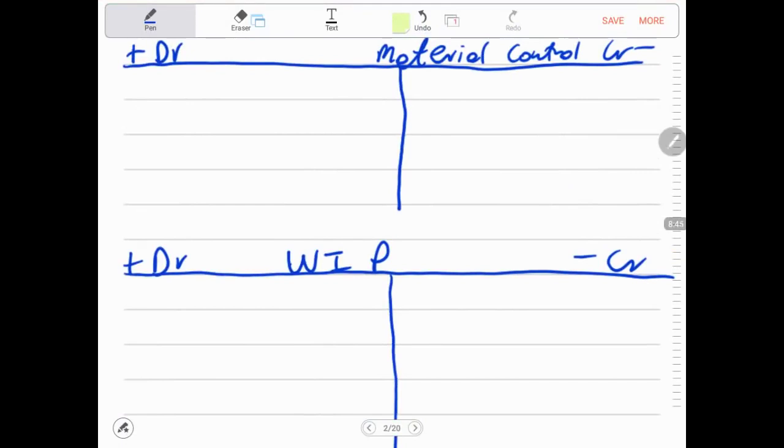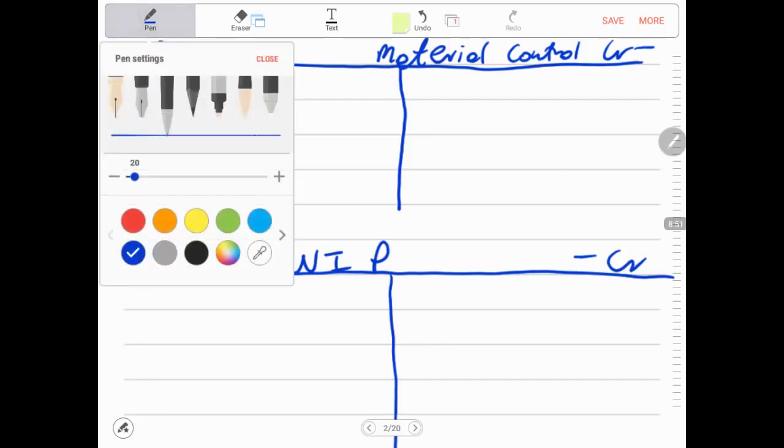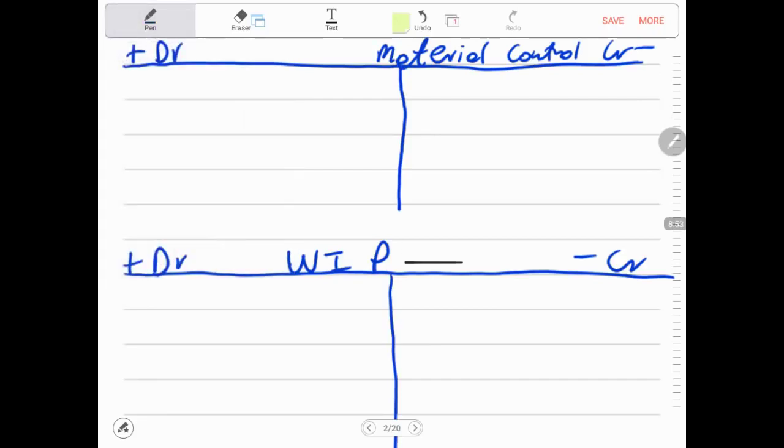Now for us to have material that is available to be used in the production department, I also want to highlight that the work in process is the production department. This is the production process, where we do the production. And I also want to bring your attention to material: this is the storage, where we store the material.